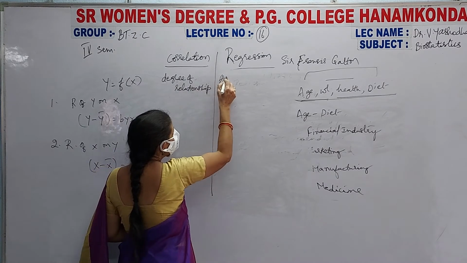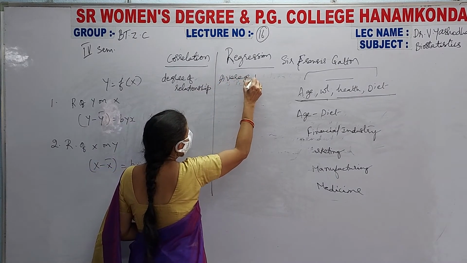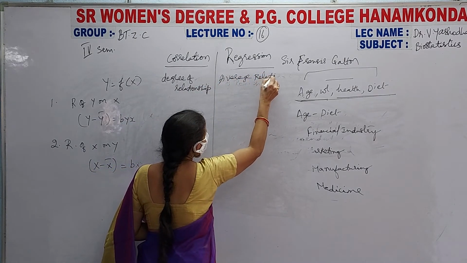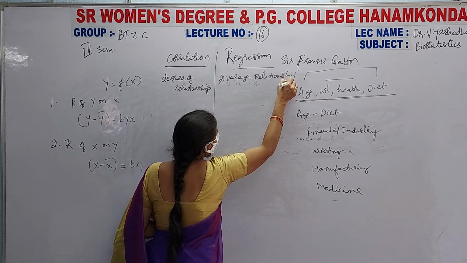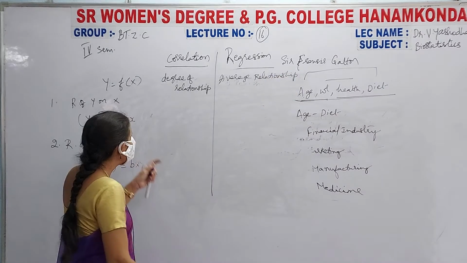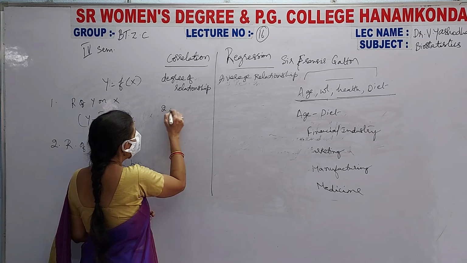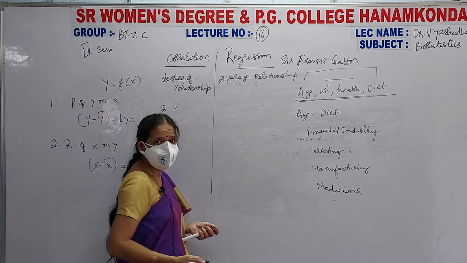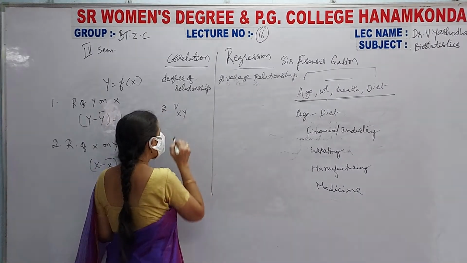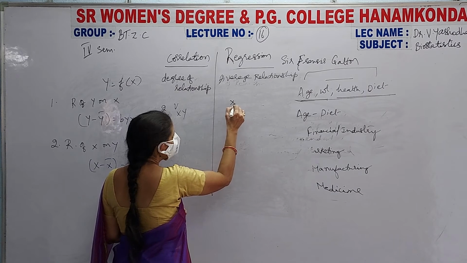Regression means average relationship. Okay, next, it consists of two variables which are x and y అనుకోండి. It consists of two variables x and y.